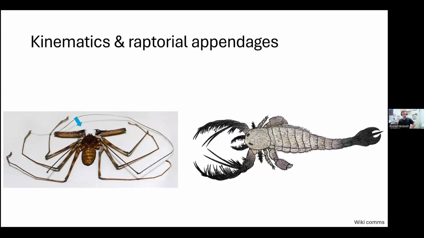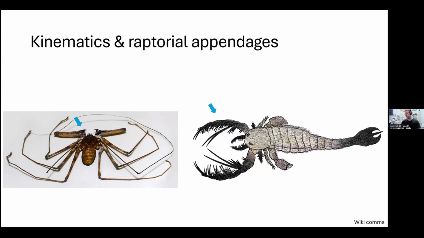So whip scorpions and whip spiders, the animal on the left here, have these really incredible anteriorly directed, what we call raptorial or grabbing appendages. And these animals are really, really good at eating other things, to the point that there's records of whip scorpions eating frogs. So these are very effective land terrestrial predators.